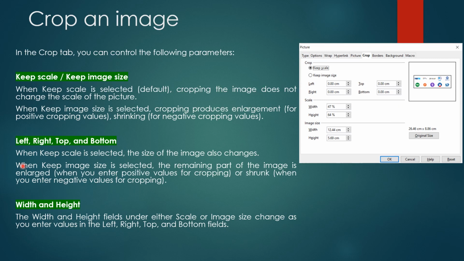But when Keep image size is selected, the remaining part of the image is enlarged or shrunk according to the values. Means when we put the values in positive form, it will enlarge the image, and when we put the values in minus form, it will shrink the image.